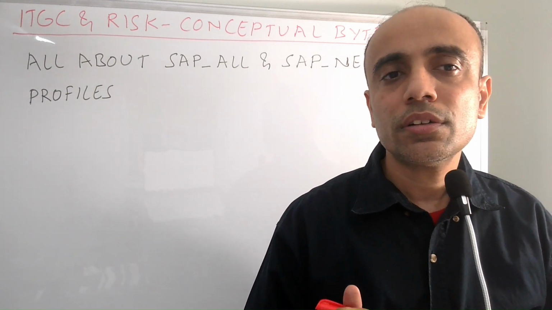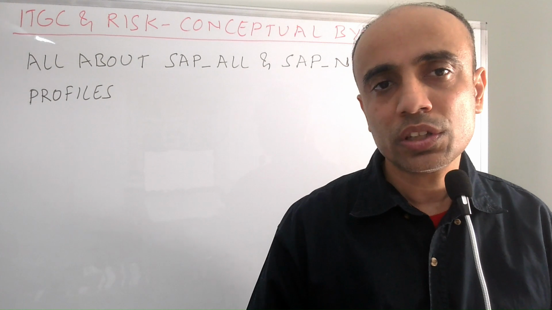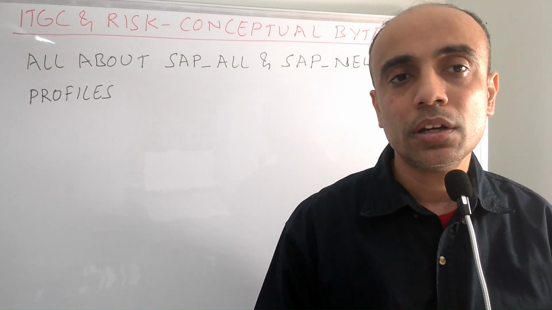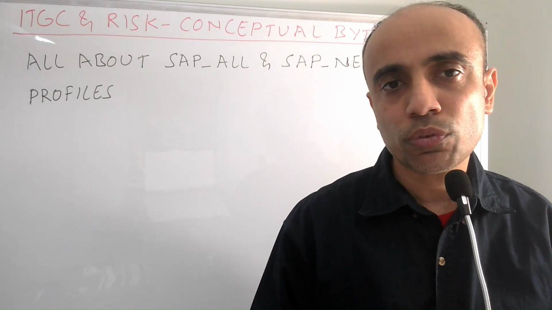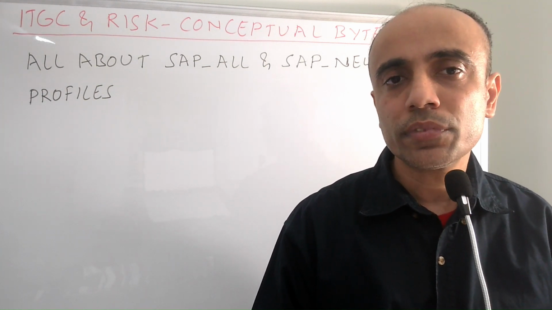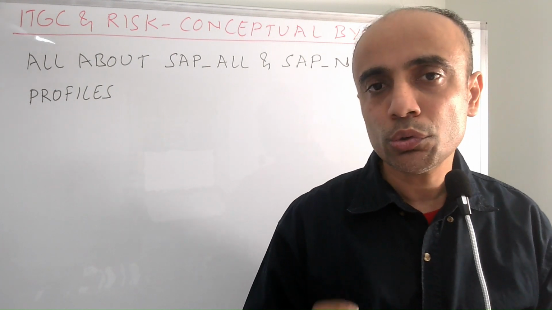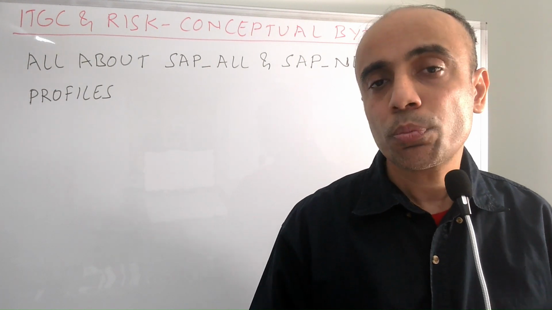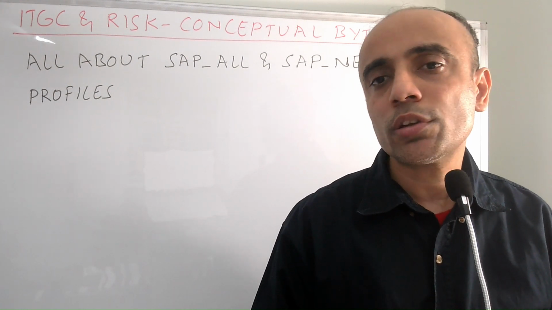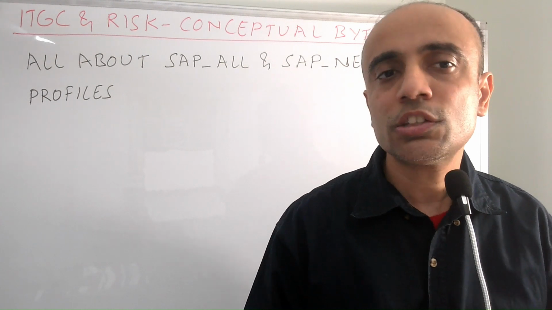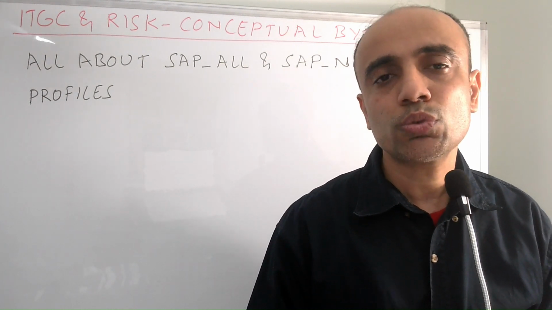So you have to first find the users with these profiles and the roles with these profiles. To find users with these profiles, you can use the T code SUIM. Within that, you go to users, you go to profile, and then you enter the profile name as SAP_all or SAP_new, and this way you will find the users with these profiles.